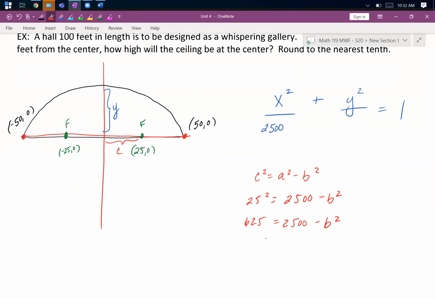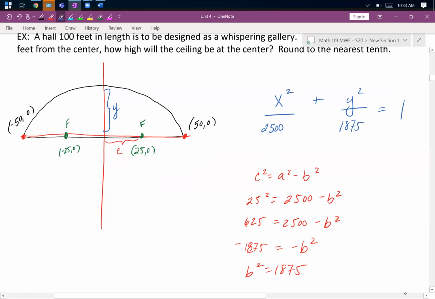Is that 1375? 1875. Yeah, like that does not seem right. Thank you. All right, 1875 equals my negative b squared. So b squared is equal to 1875. I'm not even going to waste my time square rooting that since it's b squared underneath. So we get this right here.